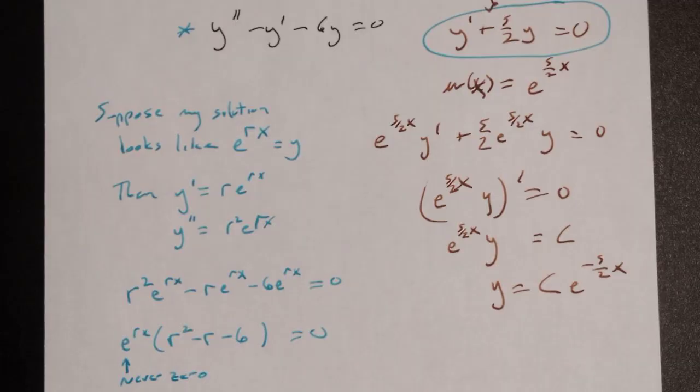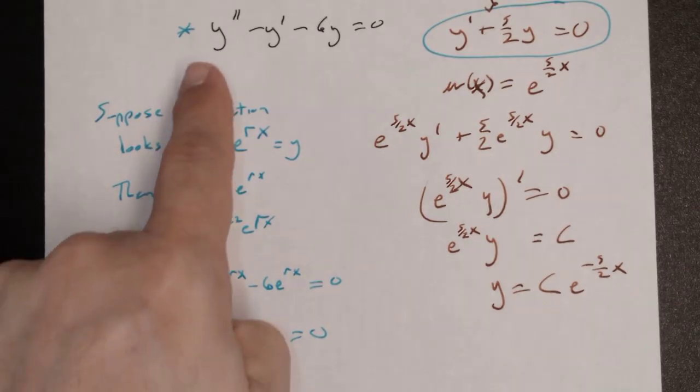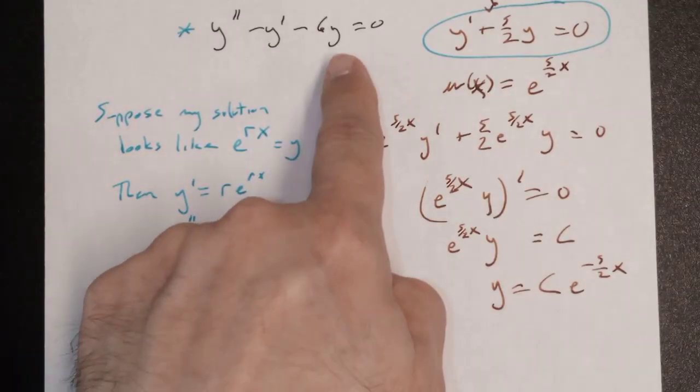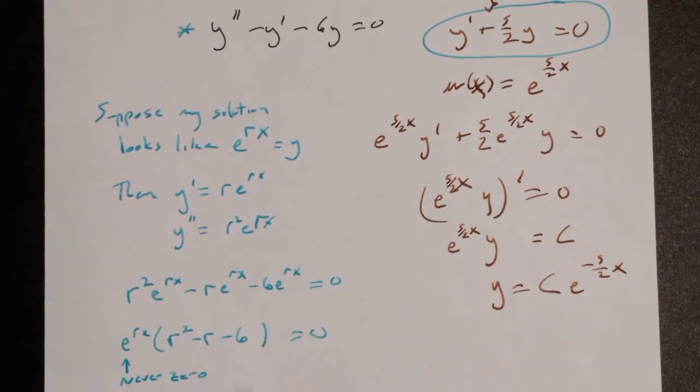Now compare the quadratic in parentheses with the original differential equation with the star next to it up at the top of the screen. Oh, wait a second. I have a second derivative, r squared, minus this first derivative, minus an r, minus 6 times the 0th derivative, minus 6.